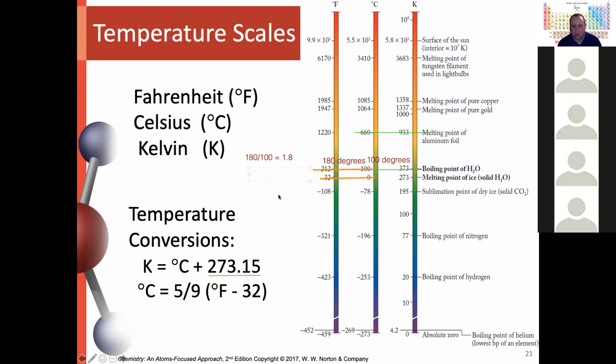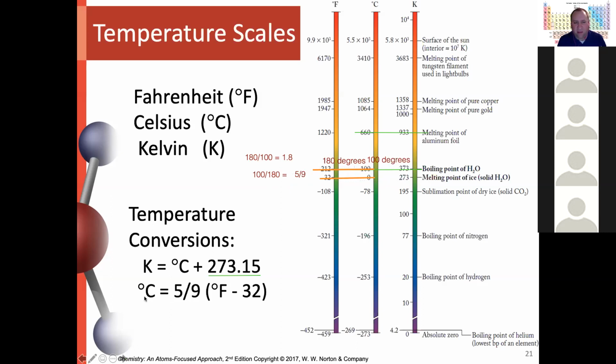But if I go the other direction, 100 divided by 180 to go from Fahrenheit to Celsius, well then, that's 10 out of 18, which would be 5/9, or in decimal form, it's about 0.555. So that's where the 5/9 comes from.